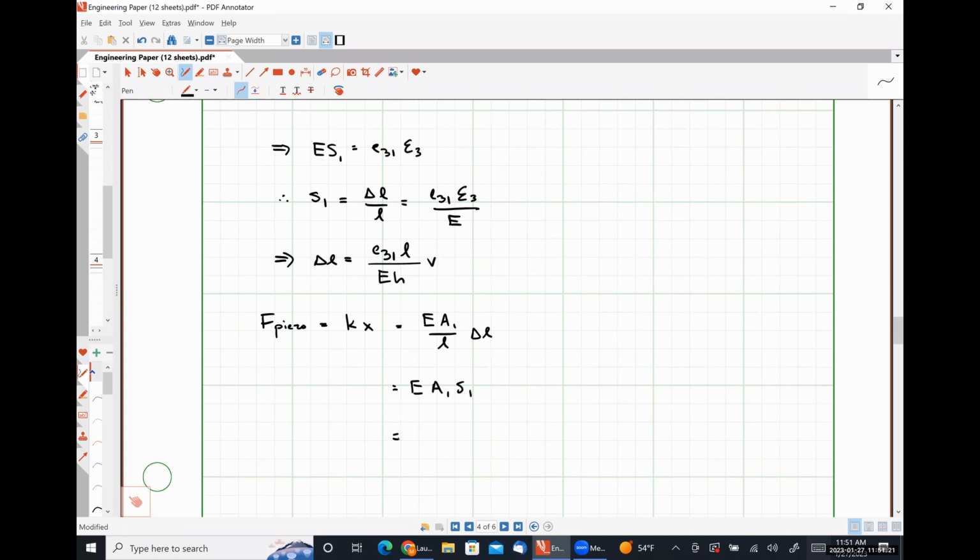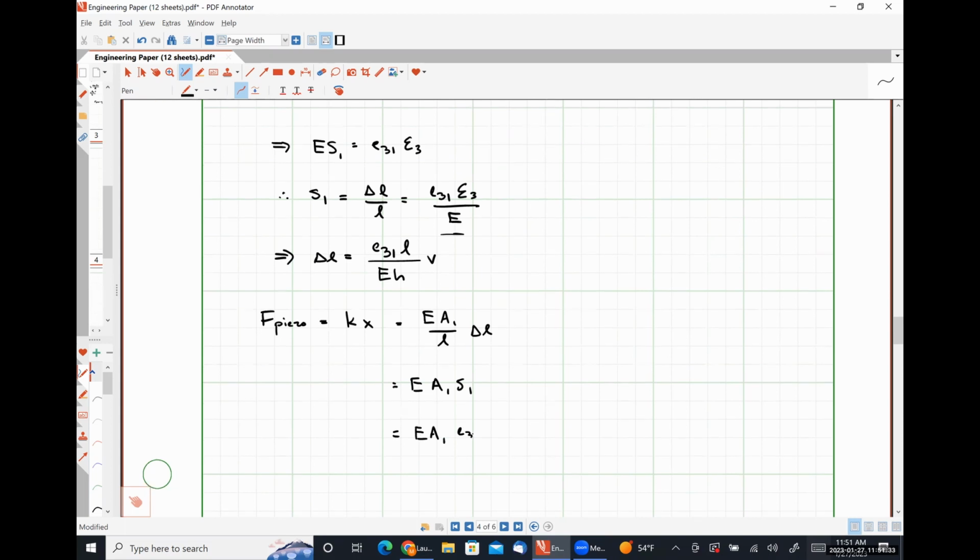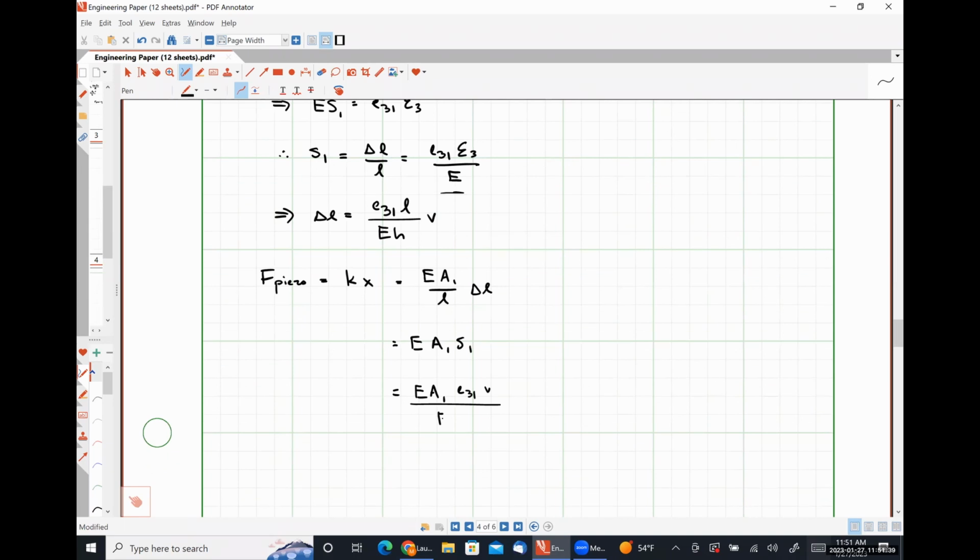Substituting in our relationship for S1 up here, we have E times A1, E31, V over E times H. Our E's cancel out, so we have E31 A1 over H times our applied voltage is our piezoelectric force.